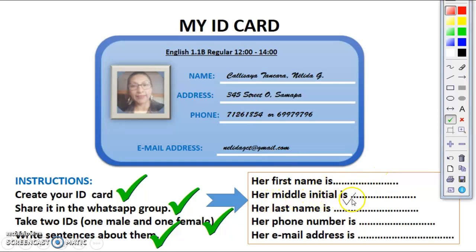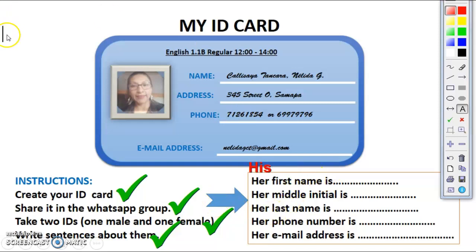Her middle initial is. Her last name is. Her phone number is. Her email address is. Lo mismo hago con un ID card de uno de mis compañeros. Obviamente, en vez de decir her, voy a decir his para mis compañeros.